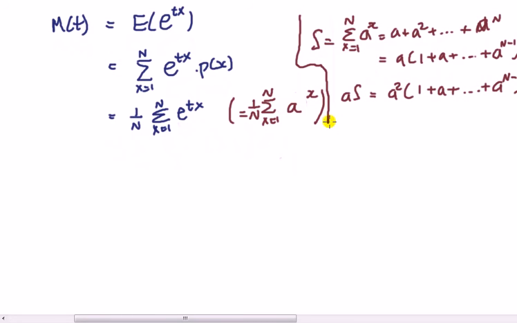Now the idea is that if we look at S minus aS, you'll see that all the terms apart from two will cancel. The terms we're left with are a minus a to the n plus 1. This has a common factor of S, so that can be brought out.